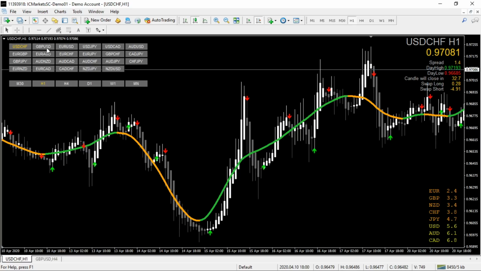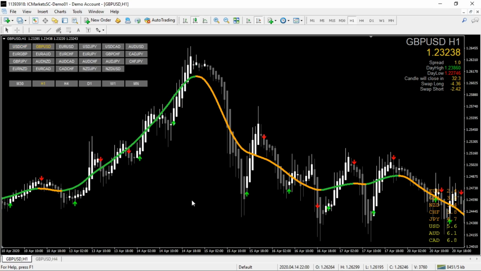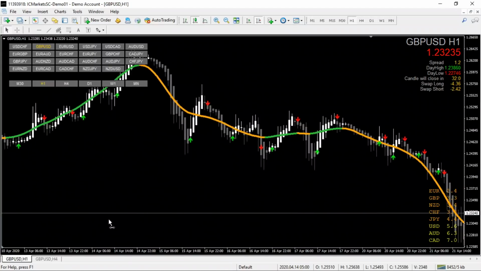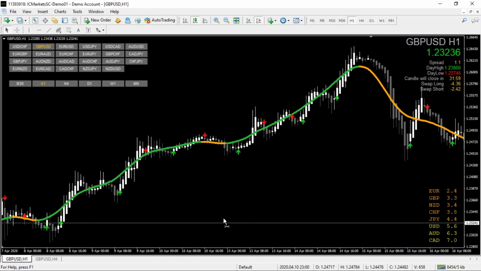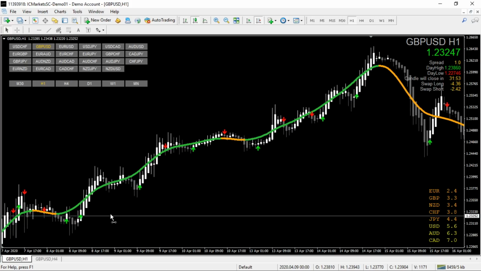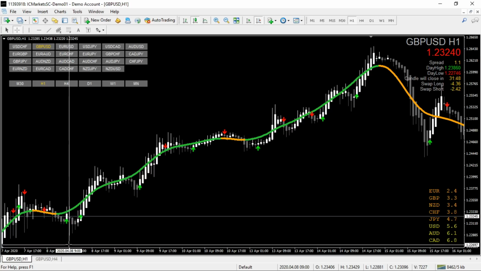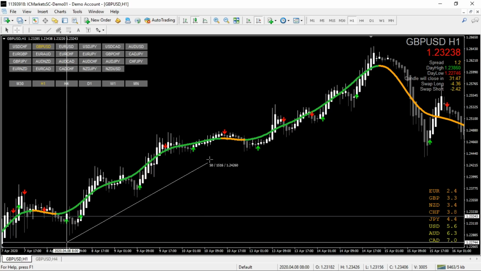Let's move on to GBP and USD chart. So here you can see a clear upward trend. So suppose that you enter a buy trade here, then you can easily collect 190 pips from this trade.